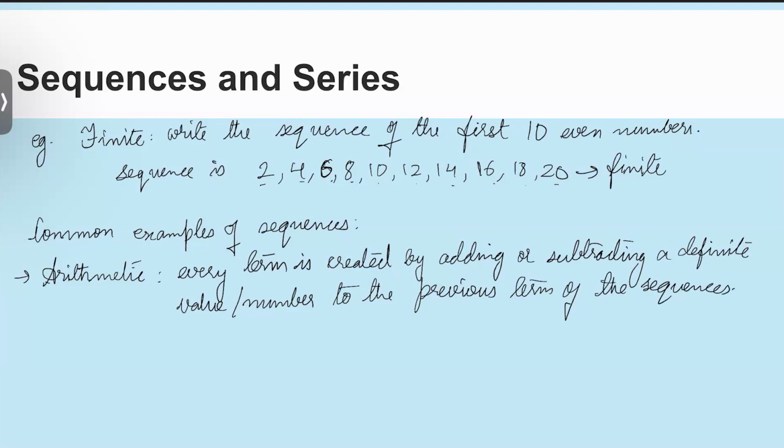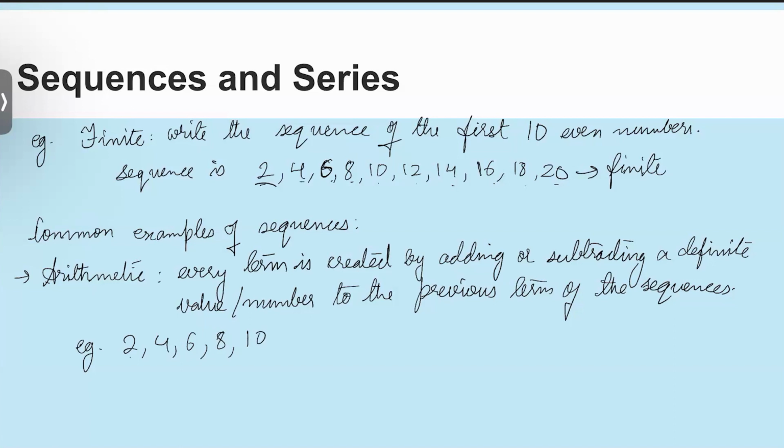So you can easily understand. If you take even this example for that matter, 2, 4, 6, 8, 10, suppose this is a sequence. You can see why this would be called arithmetic.